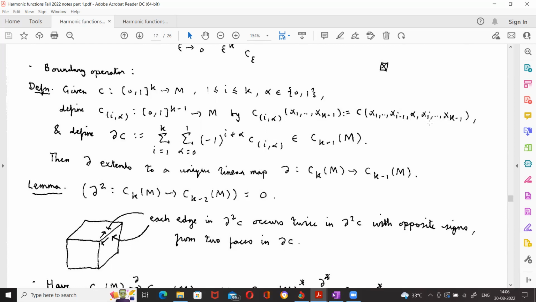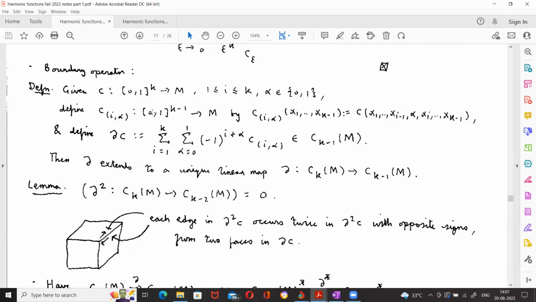So in other words, in the ith spot, you're fixing the value of the ith variable to be either 0 or 1. So those will give you the boundary faces of the cube. As i goes from 1 to k and alpha goes from 0 to 1, you'll get 2k faces.